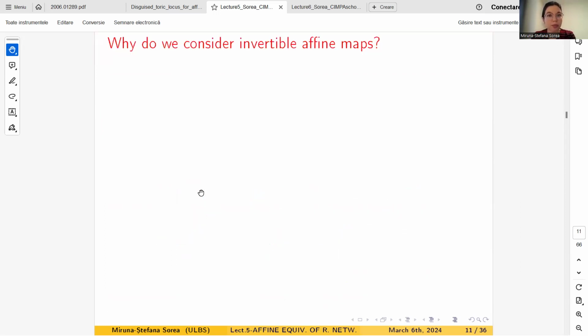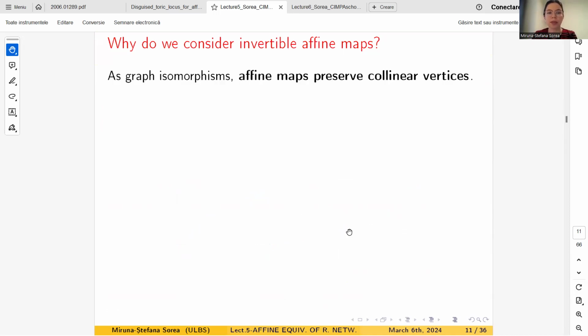Good. Now, maybe this will answer the question, but if not, let's see. So why do we consider invertible affine maps? One property of affine maps, as with graph isomorphisms, is that they preserve collinear vertices.